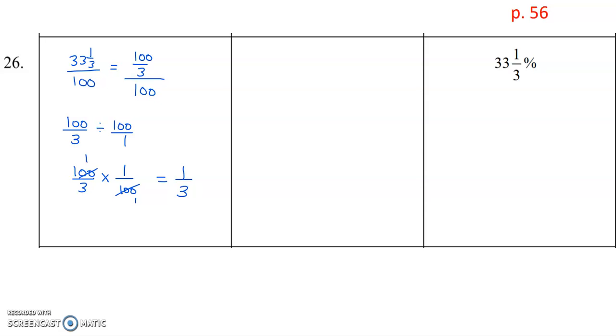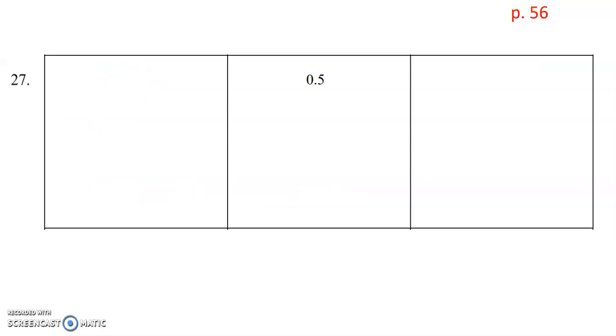Once we have the fraction, to change it to a decimal, we can take 1 divided by 3 on our calculator, which will give us 0.33333 forever. So this is 0.3 repeater. When you have a decimal, it's really your decision which way you want to go. If you want to change it to a fraction first, if you want to change it to a percentage first.